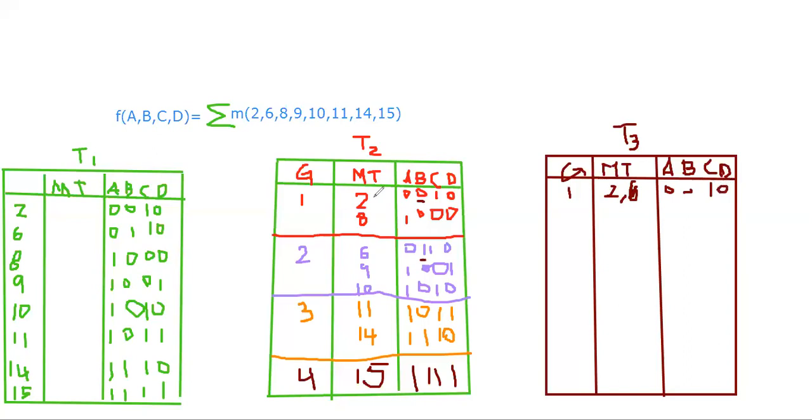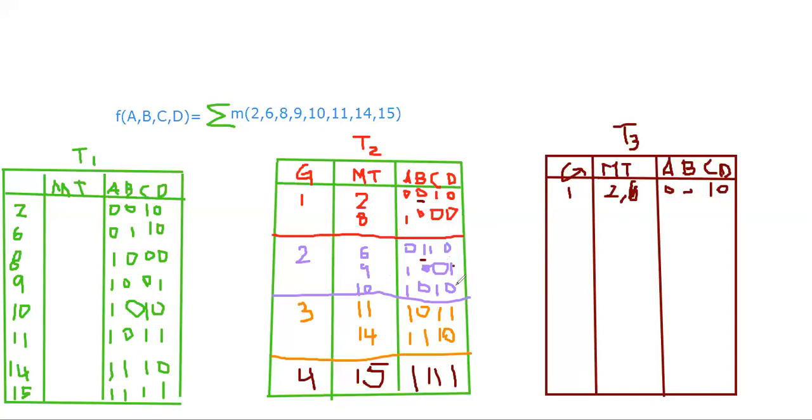Is it good? Now we will compare 2 with 9. At D it is 0 and 1, at C it is 1 and 0, so we cannot group there. So we'll compare 2 with 10.